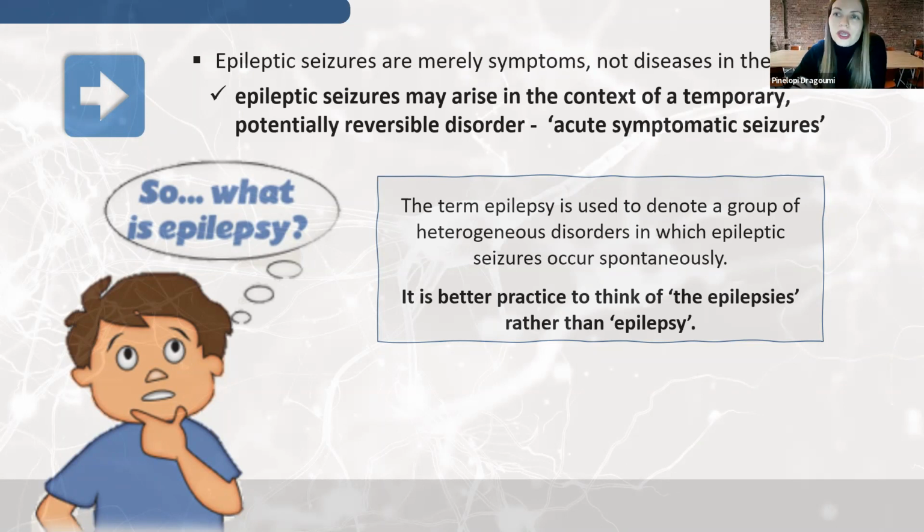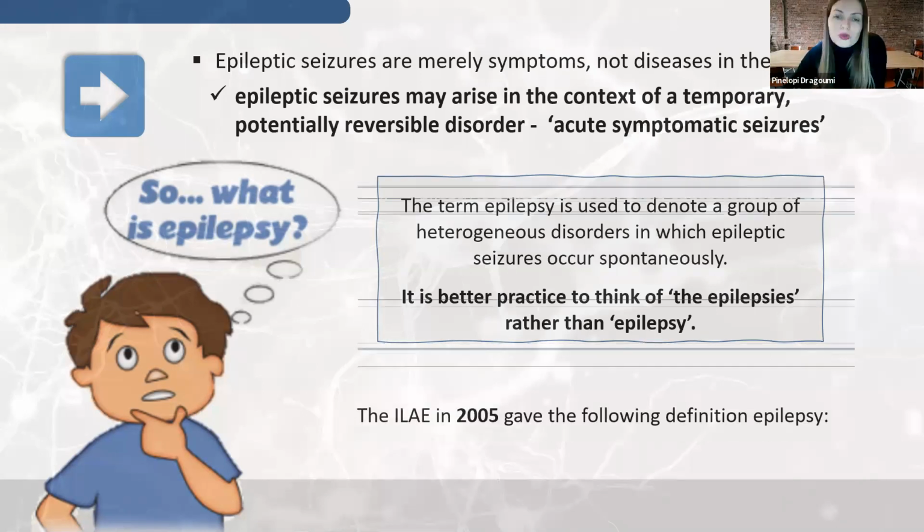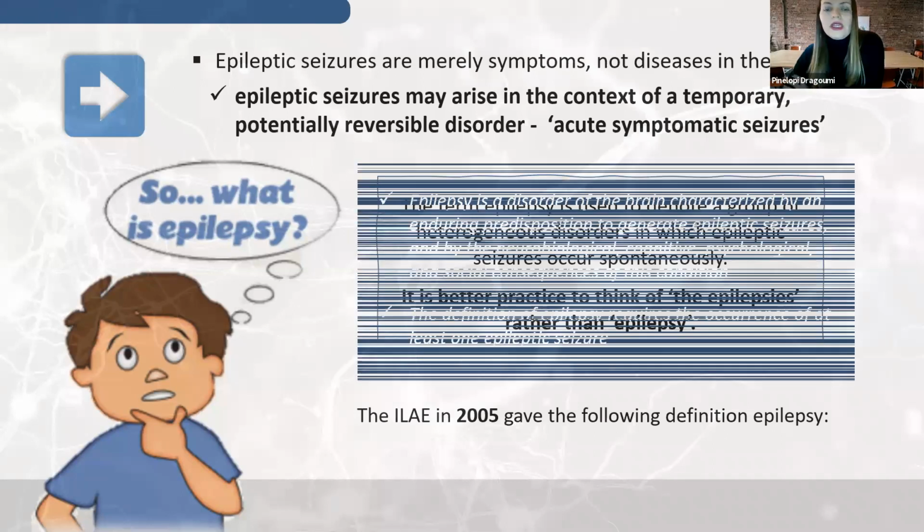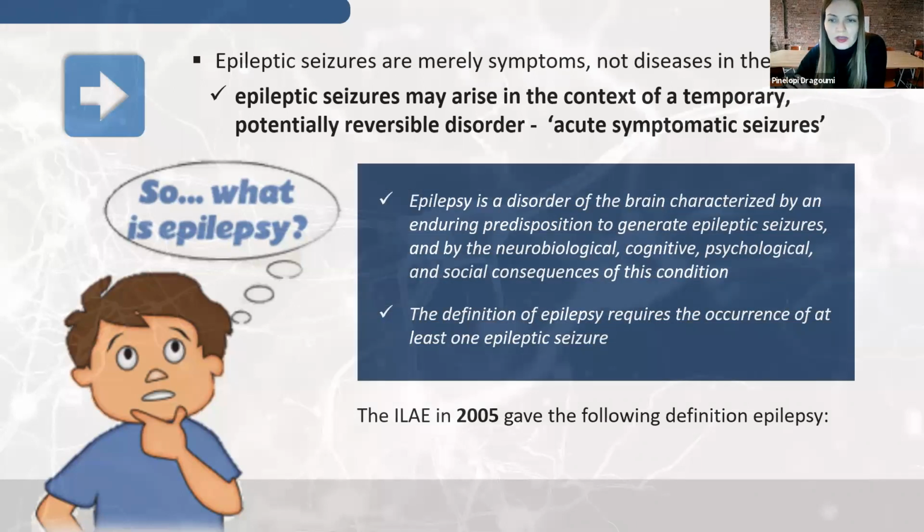So it's not practical to refer to epilepsy as a disease, but we have to think of epilepsies in general. So in 2005, the International League Against Epilepsy gave this definition as a disorder of the brain which is characterized by this predisposition to generate seizures, but also added the neurobiological, cognitive, psychological, and social consequences of this condition.